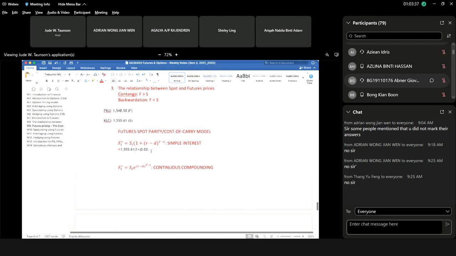So 0.02 interest rate minus 0.0264. Okay. So for maturity we assume 3 months. 3 months divided by 12 which is 0.25.